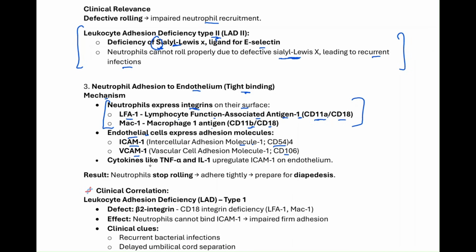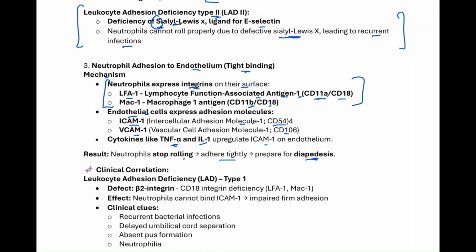And as we mentioned earlier, these are all regulated by the help of what? Our acute phase cytokines, interleukin 1 and TNF-α. And this will allow them to be able to what? Adhere to the wall, what we call tight binding. So neutrophils stop rolling and adhere tightly, and now prepare for migration, which is what we call diapedesis.